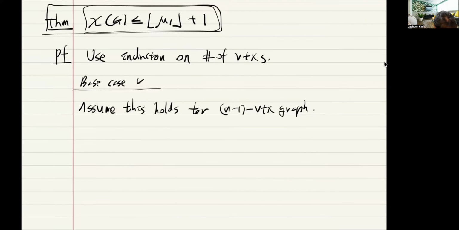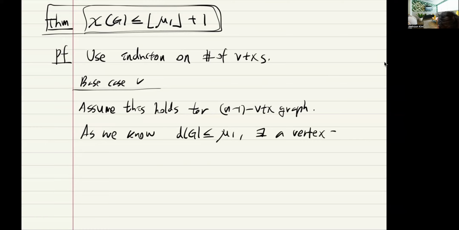Then what do we know? We know that the average degree of G is at most mu1. So there exists a vertex i such that its degree is at most the average degree, which is smaller than the floor of mu1.